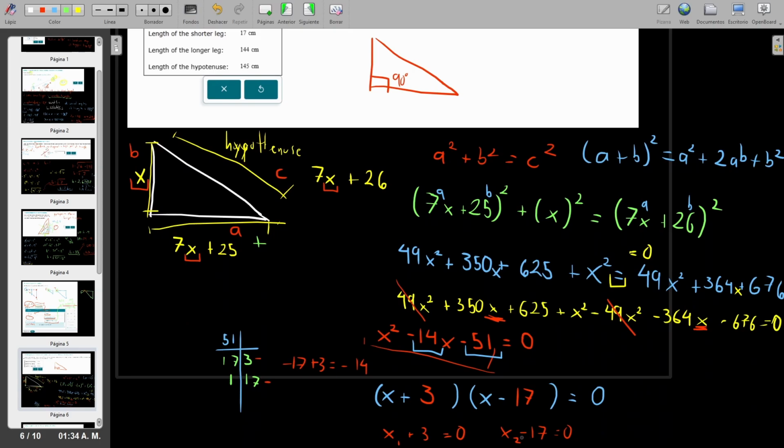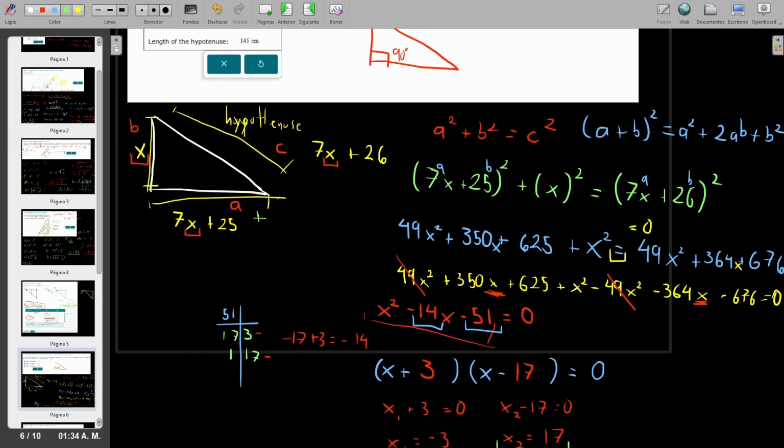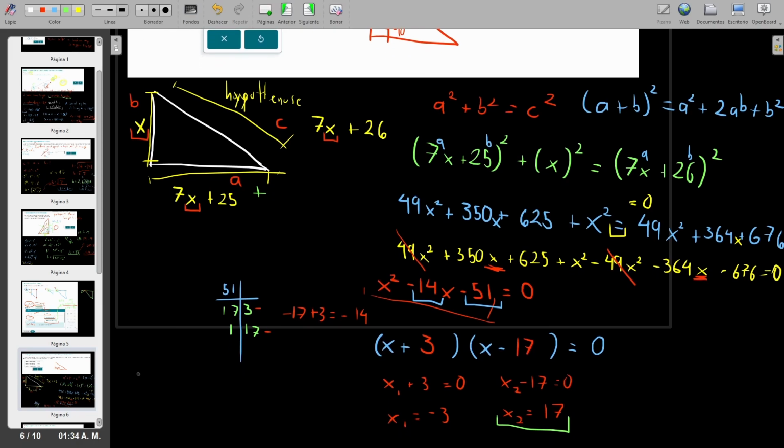Actually, we have the value of x, right? In this part, I'm going to be writing here b. b is the value of x. So the value of x is 17. Okay, so we know that b is 17.